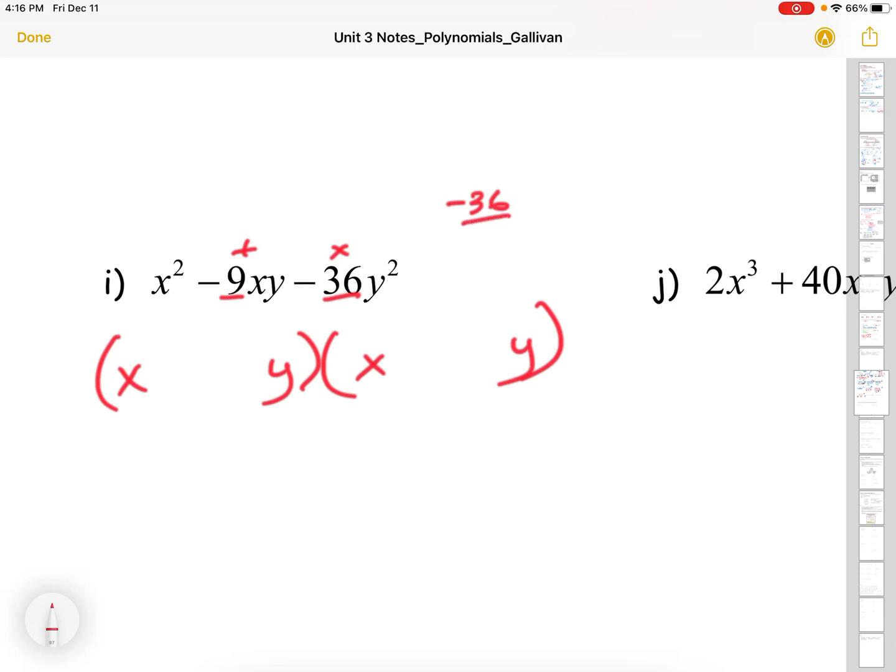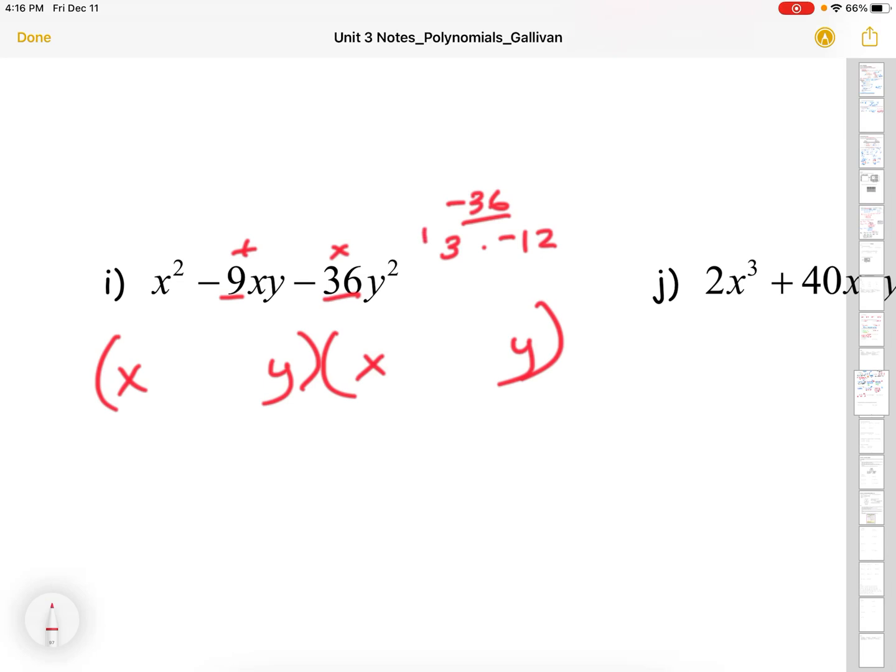So one has to be positive and one has to be negative. So let's think about that. 36 is 3 times 12. Now, if I make one of those negative, they will give me a difference of 9. So which one to make negative?